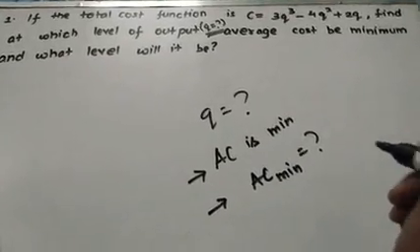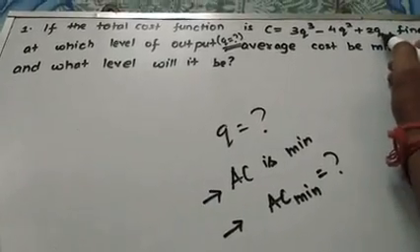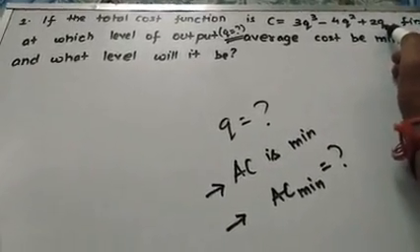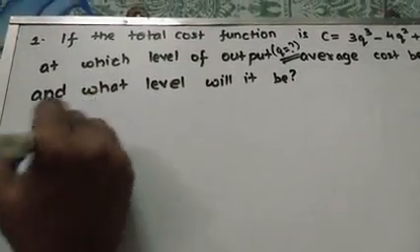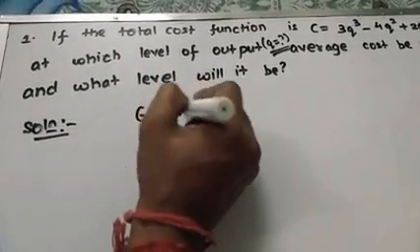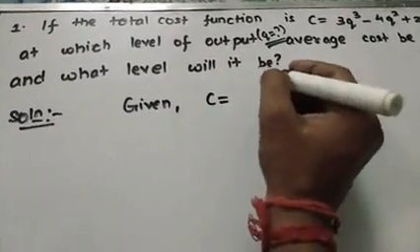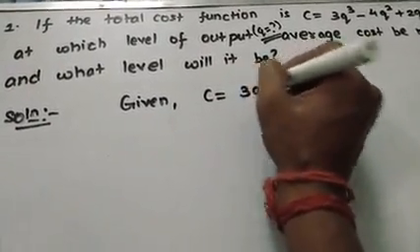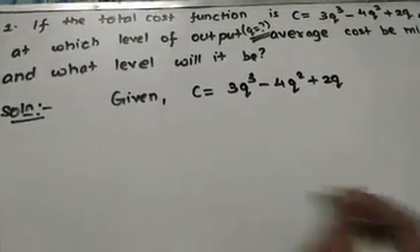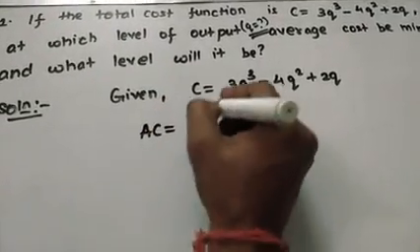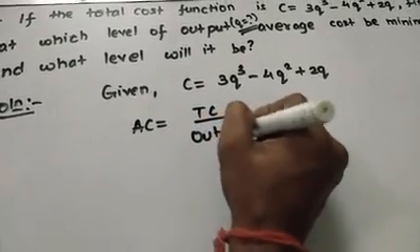So let us first of all find the average cost. As we know our cost as well as the output q, we can simply find our average cost. So, solution part. Given C equals 3q cube minus 4q square plus 2q. So first of all, average cost equals total cost by output.